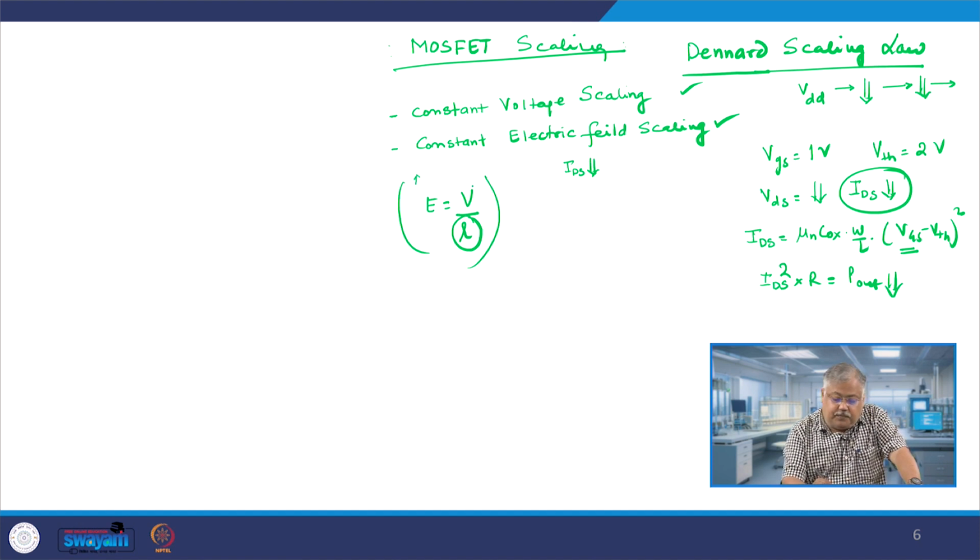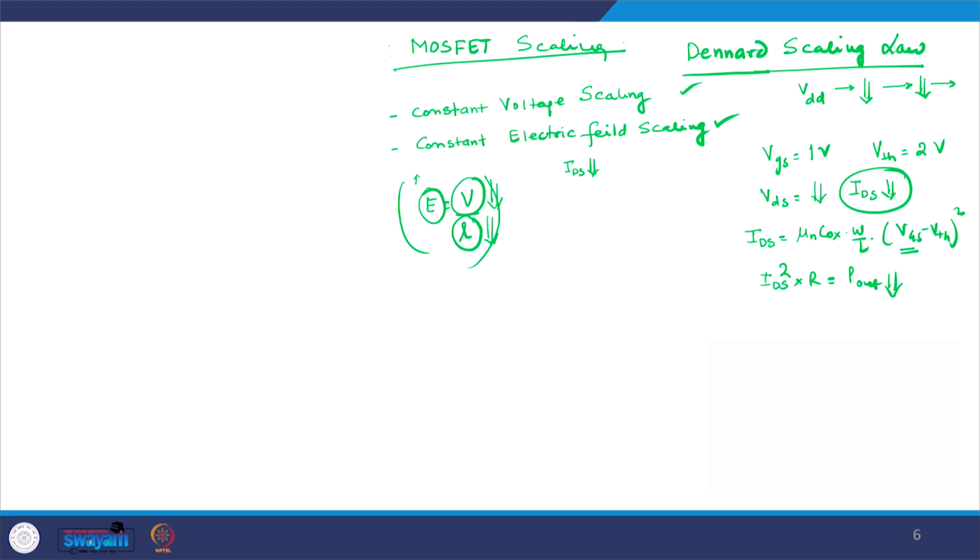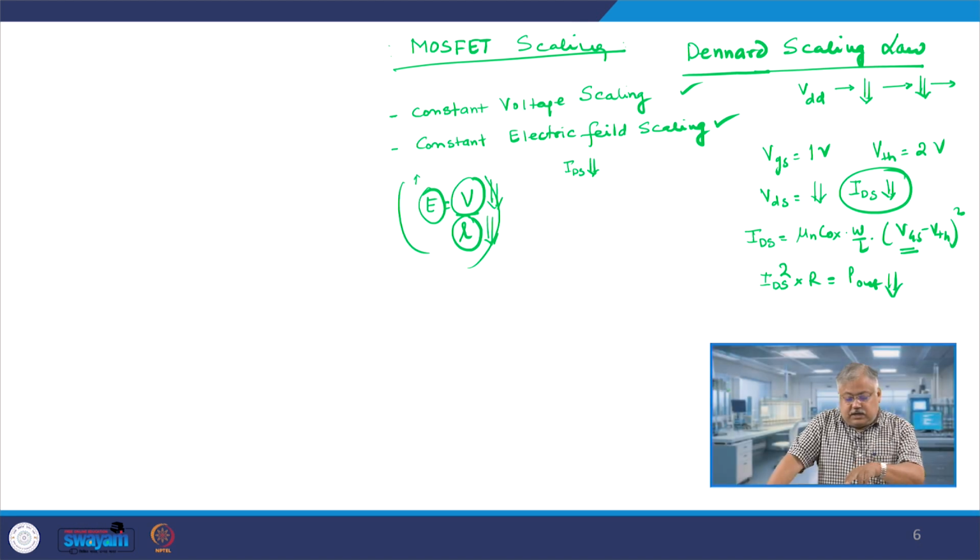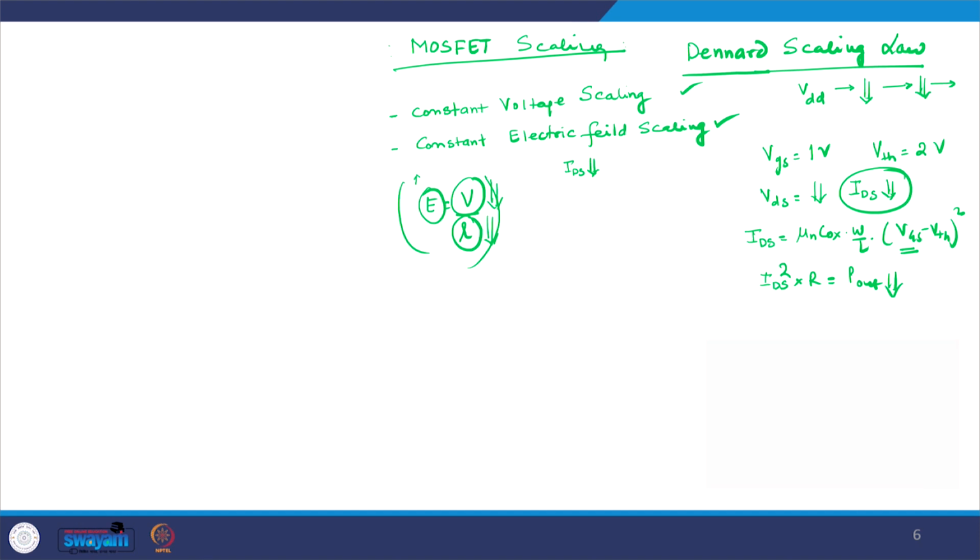If you keep your V constant and reduce your channel length, the field increases. If you also reduce your voltage such that the electric field remains constant, then we define that to be the constant electric field model. So, we have two scalings. This electric field scaling tells you that as you lower the channel length and you also lower the voltages, voltage by channel length, which is electric field, almost remains constant, which is a good idea.